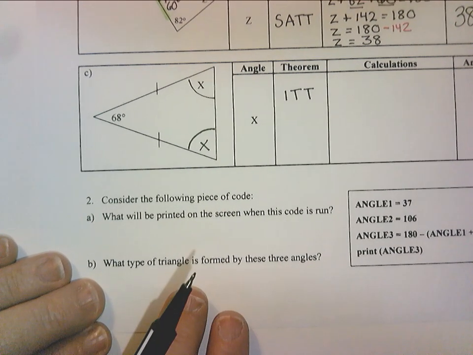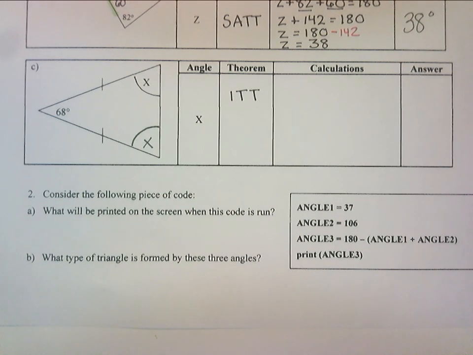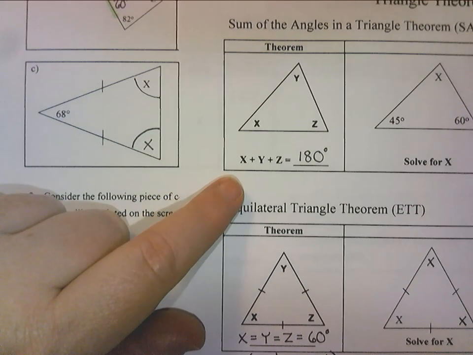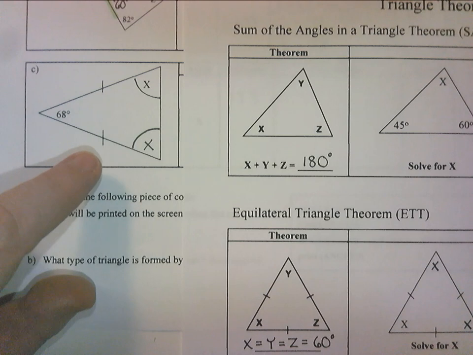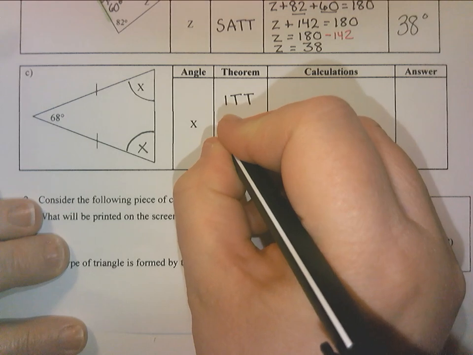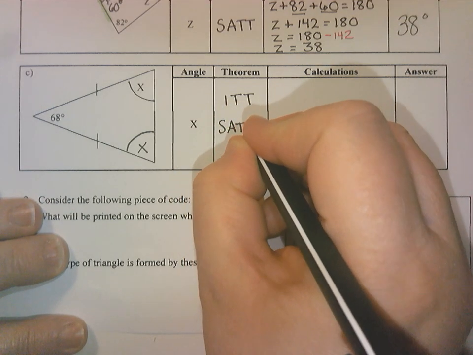If I actually want to solve for X, I'm going to need to use another angle theorem, which is my SATT, right, that says that those three angles inside add to 180 degrees. So this is actually a combination of two different theorems together, right?